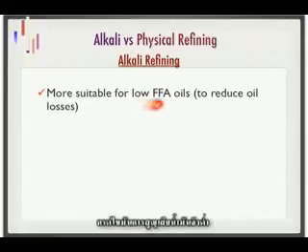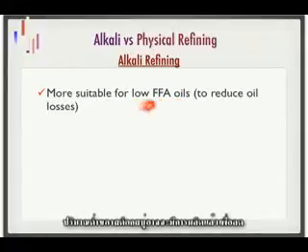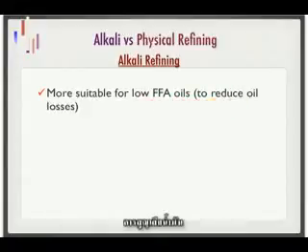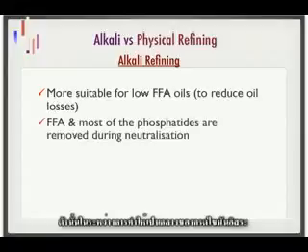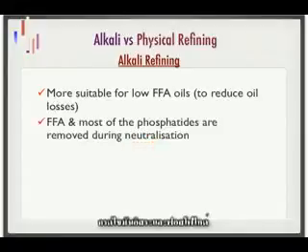So with a low amount of free fatty acid, a low amount of soap stock will be produced, and therefore this will reduce the oil losses. So in the alkali neutralization step, a lot of free fatty acid and the phosphatides or the gums will be removed.